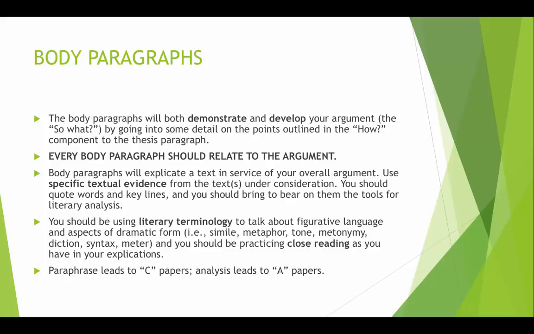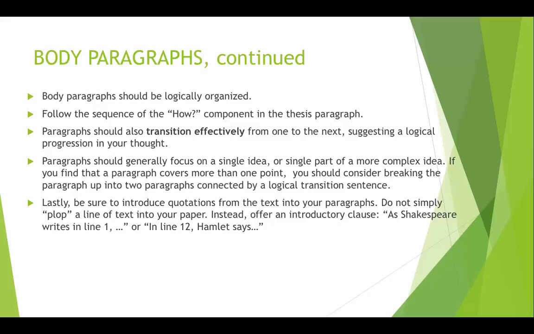And paraphrase, talking around the text, telling me what's happening in the text, summarizing plot, all of that leads to a C paper. The kind of careful and strategic presentation of textual evidence and the thoughtful, close, critical reading thereof is what's going to get you to the A paper that everybody wants to write.